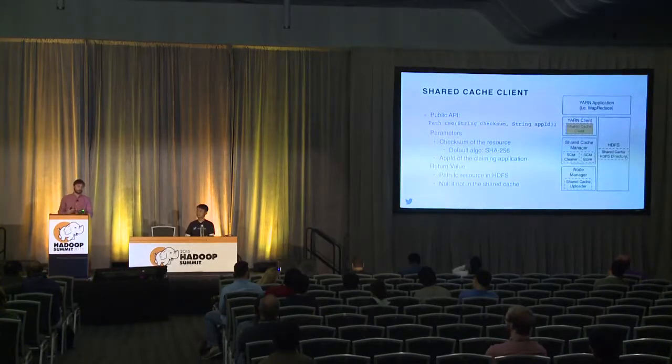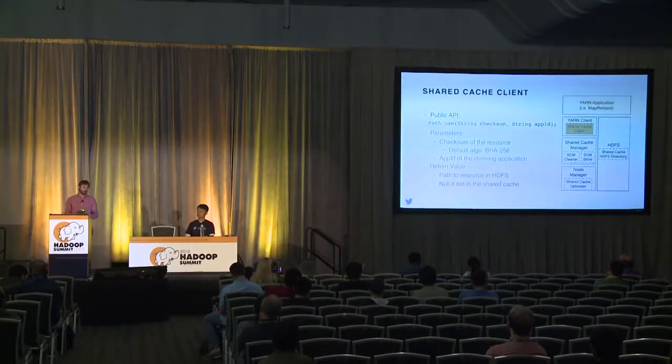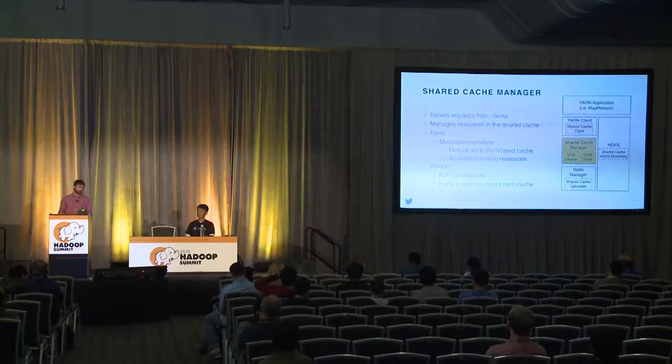It's responsible for computing the checksum of each individual resource, and also communicating to the shared cache manager the app ID of the resource that it's claiming, so that the shared cache manager knows which applications are actually using a given resource. When it talks to the shared cache manager, the manager will return the path to the resource in the cache if it exists, or null if it doesn't exist in the cache.